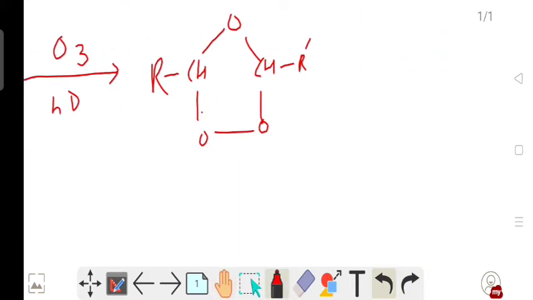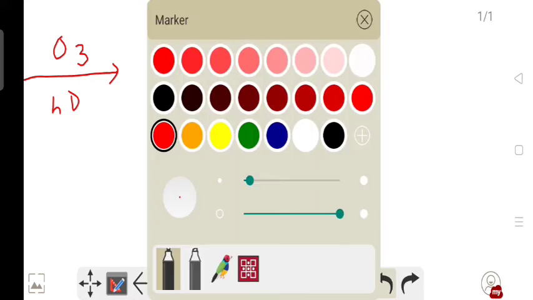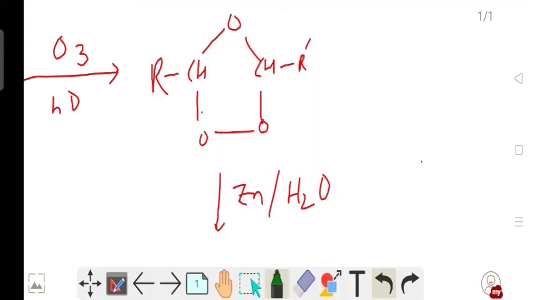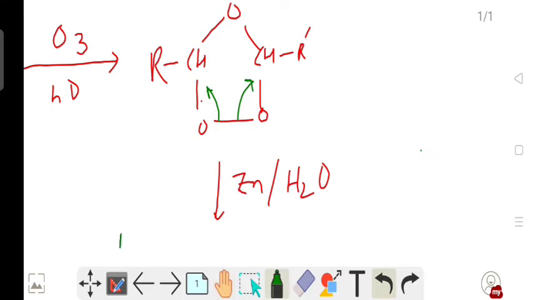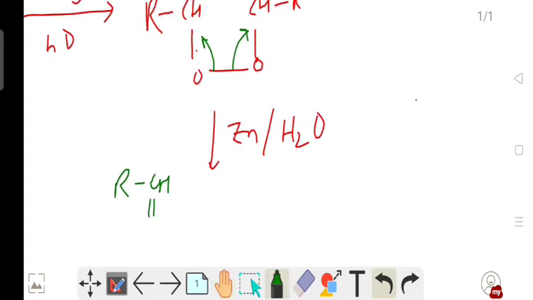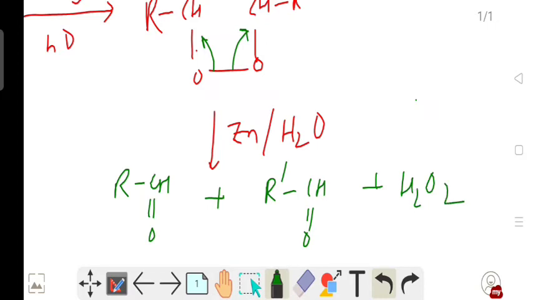And if you use zinc and water, then it will rearrange to form a carbonyl compound, and during this rearrangement this bond breaks homolytically, and after that it will form this product RCH=O, and another one is RCH=O, and the side product is H2O2. So this is the final ozonolysis product. That means a carbonyl compound will form after ozonolysis.